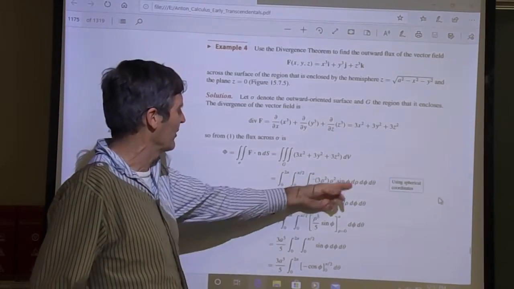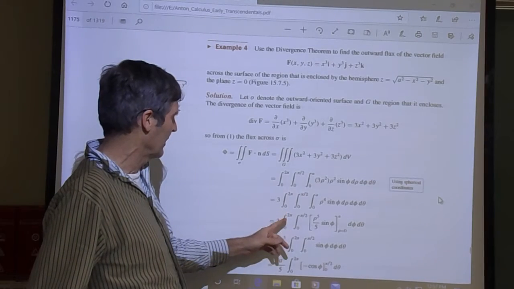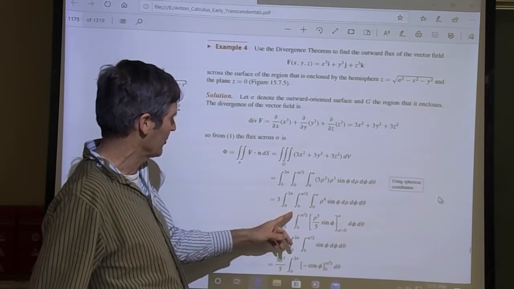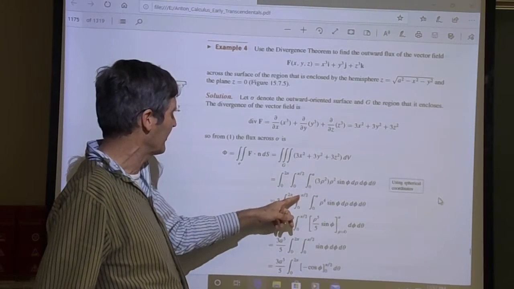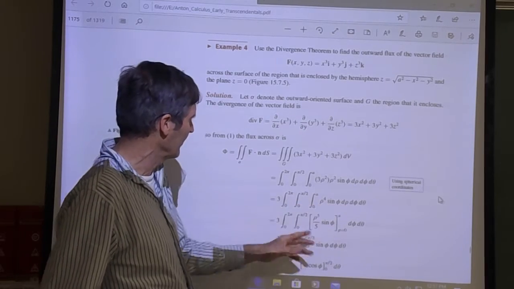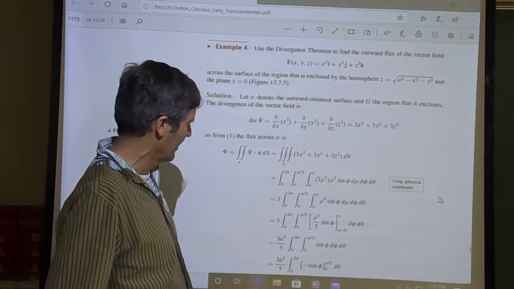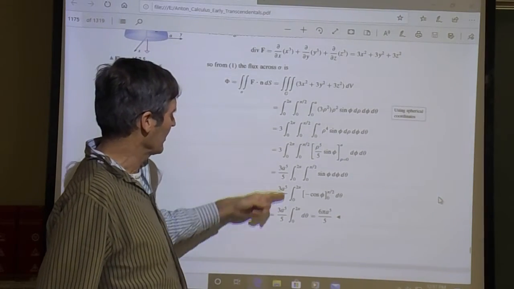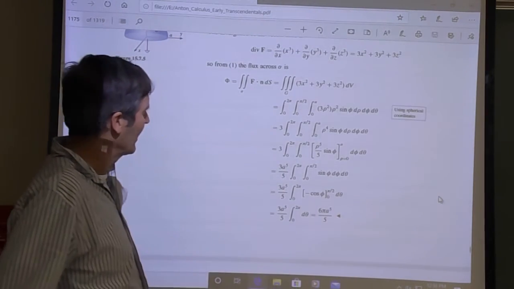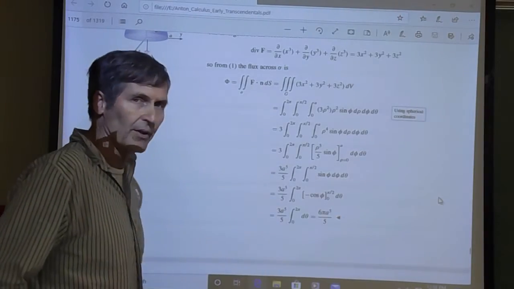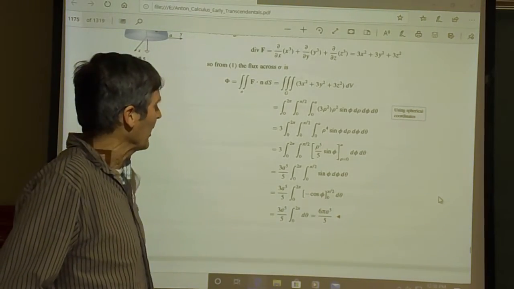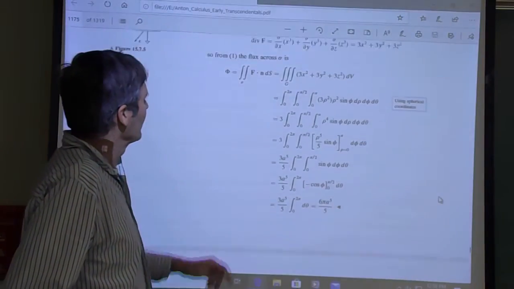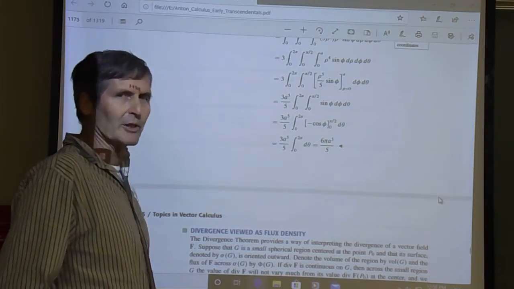Now this triple integral can be evaluated readily. You can pull the sine phi through and write this as a product of 3 integrals. They didn't choose to do that in this presentation, but this integral is not too hard. It comes out to be 6 pi a to the 5th over 5. So there's the utility of the divergence theorem, and I hope that'll make some of your flux problems easier.